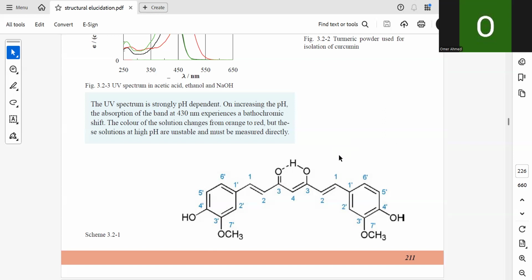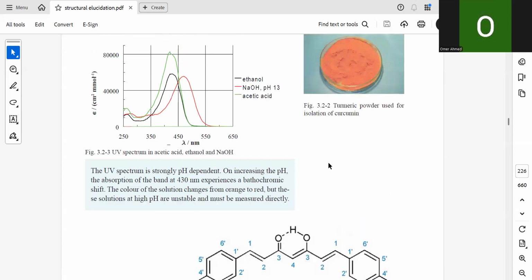And the main characteristic of this compound is that it has tautomerism. عنده صفة التوتمرية, meaning that this compound can be found in enol and keto forms. The enol percentage is 90 to 95%, the keto from 5 to 10%. So this phenomenon of curcumin is tautomerism.